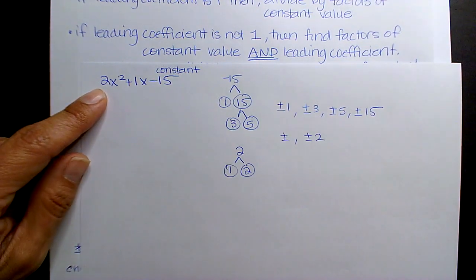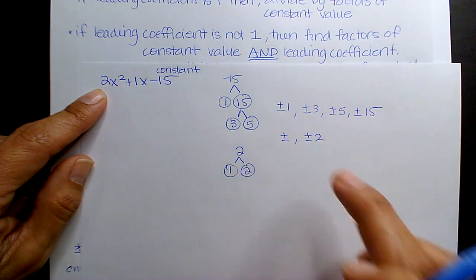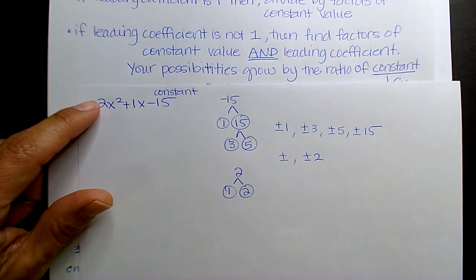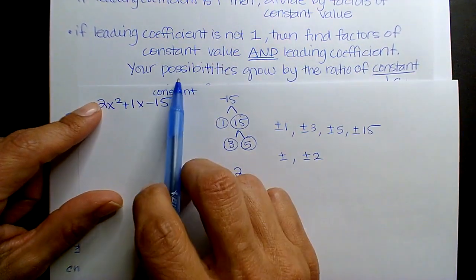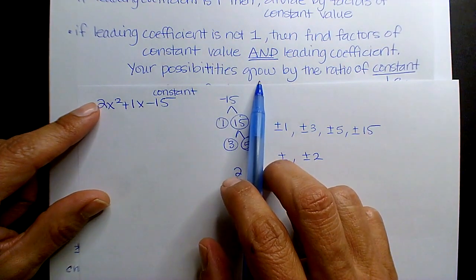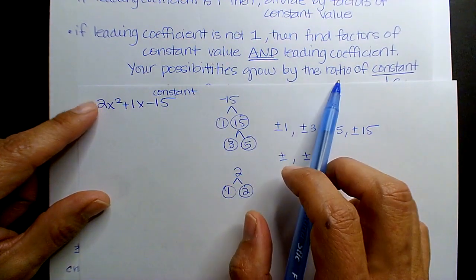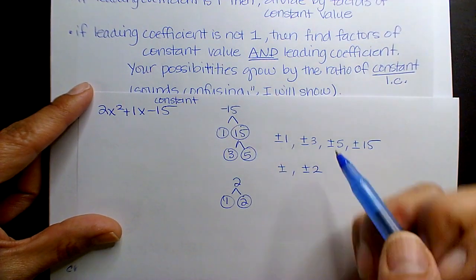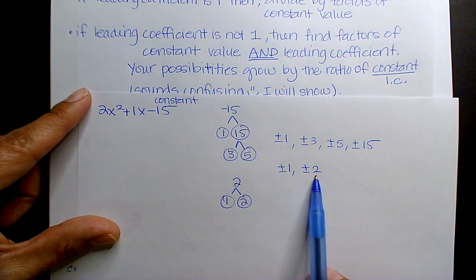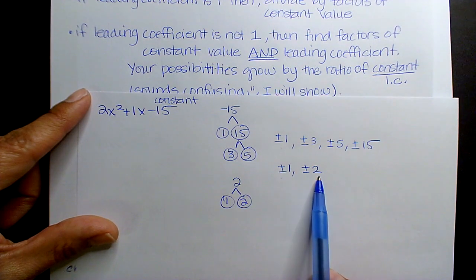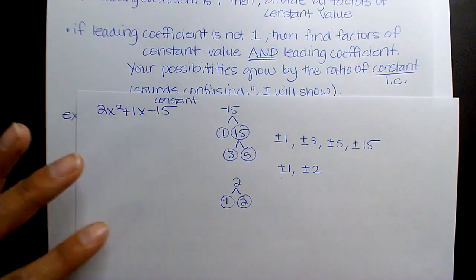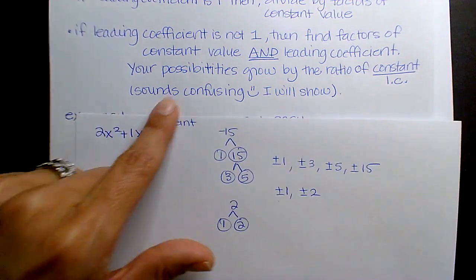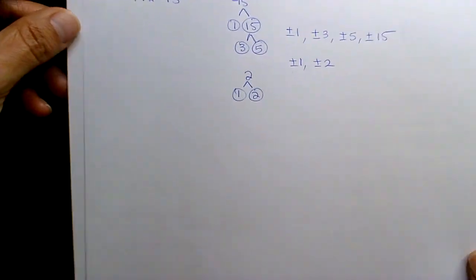Okay, so those are my 2 lists. But now your final list of possibilities grows by the ratio of the constant values over the leading coefficient values. I know it sounds confusing, and it's a really long list.